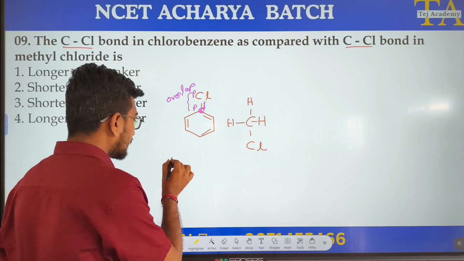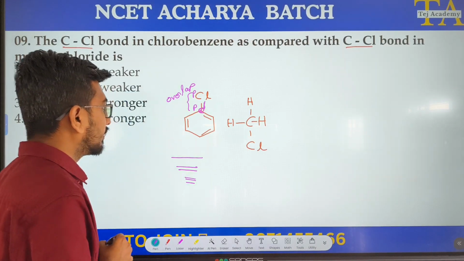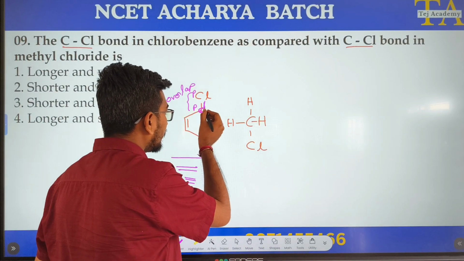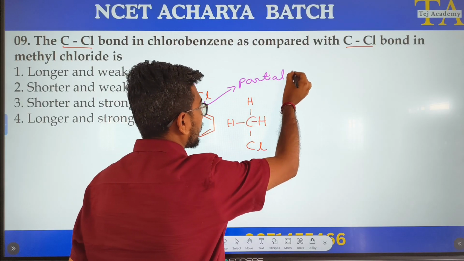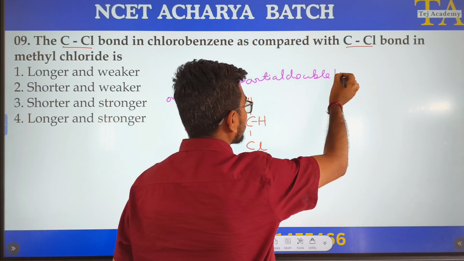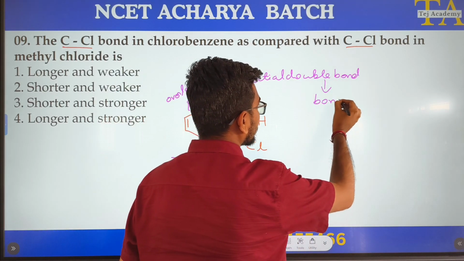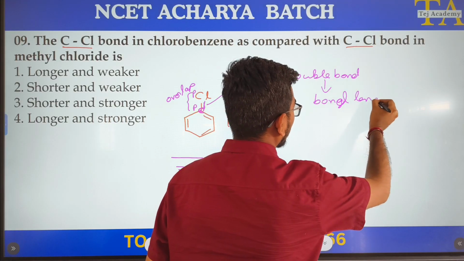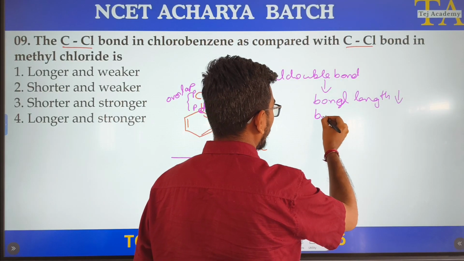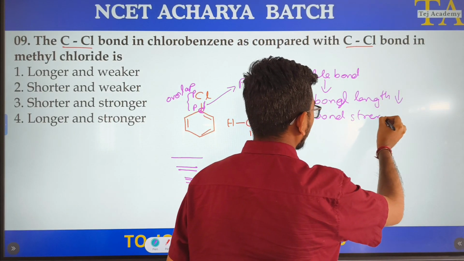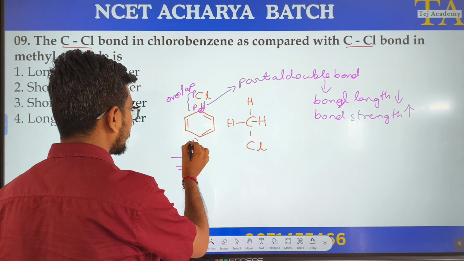Now we know that single bond is having more length than double bond, than triple bond. Because of this partial double bond character, the bond length is decreased, but bond strength is increased. This is in first case.